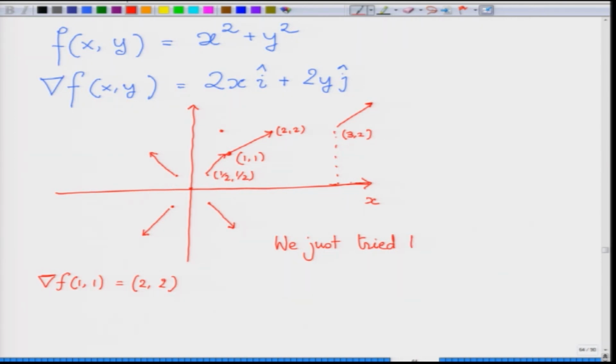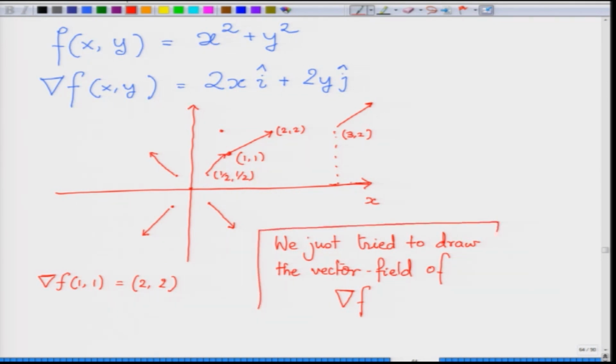We just try to draw the vector field of grad f. That is what we tried to do.